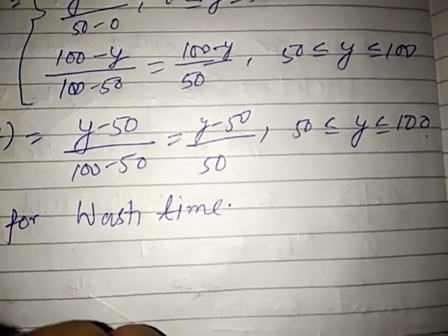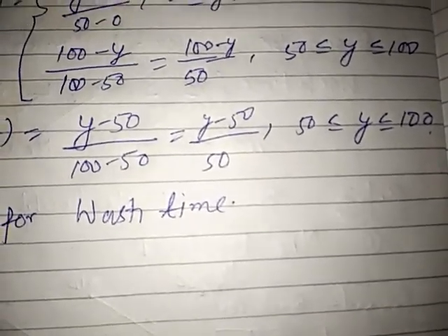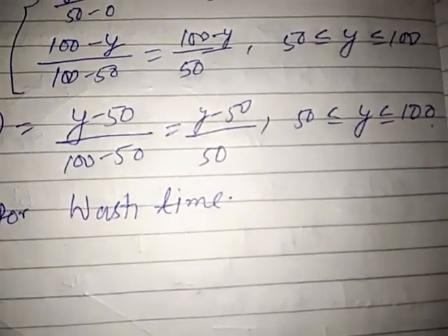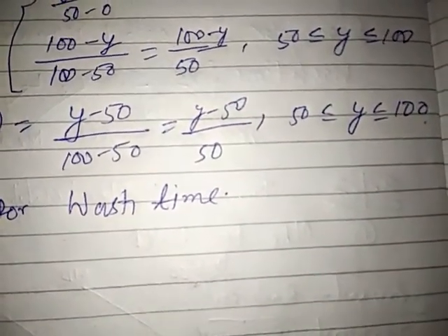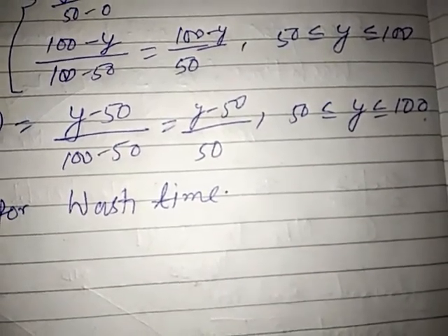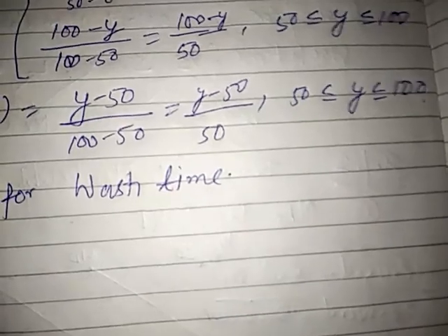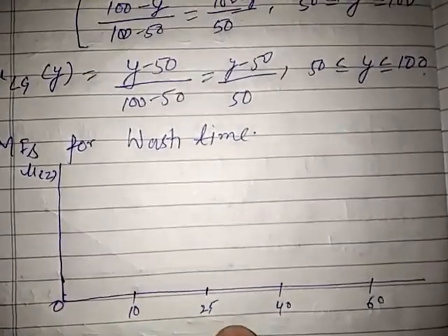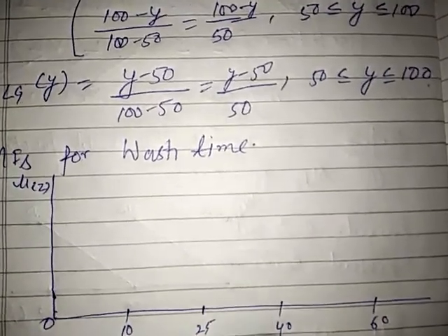Here we define 0, 10, 25, 40, 60. It depends upon you, what you define, it depends upon your use. You can define 10, 20, 30, 40, 50, or you can define 10, 25, 45, 60.